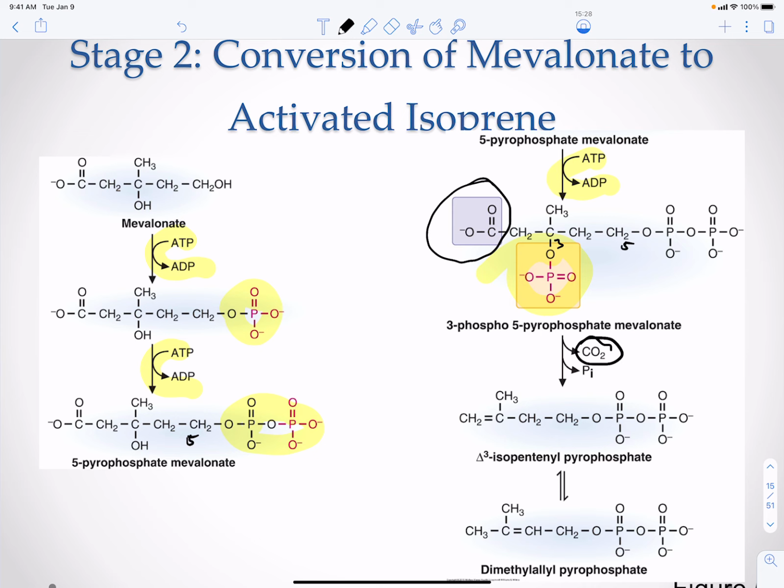And you're also going to lose that 3-carbon phosphate group for that energy required to do that. And then you have your delta 3 isopentenyl pyrophosphate. And so the removal of that carbon dioxide is making a double bond at the delta 3. And this is the first of the 2 activated isoprenes. The second one is going to be dimethylallyl pyrophosphate. And so they can interchange between each other.